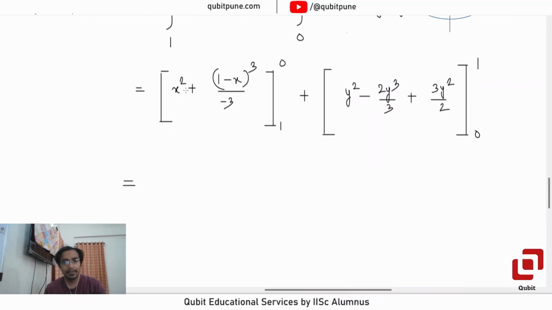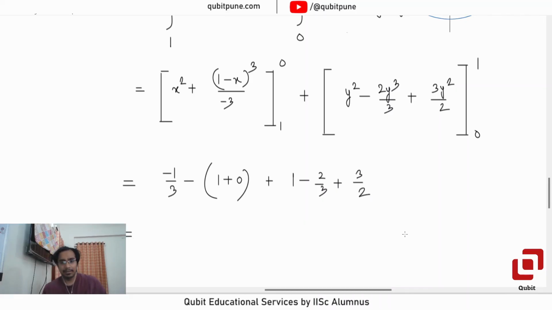Now let us substitute. It will be negative 1 upon 3 minus, lower limit 1, so 1 minus 1, 0. Plus here let's only put 1 because 0 is not going to matter, so 1 minus 2 by 3 plus 3 by 2.